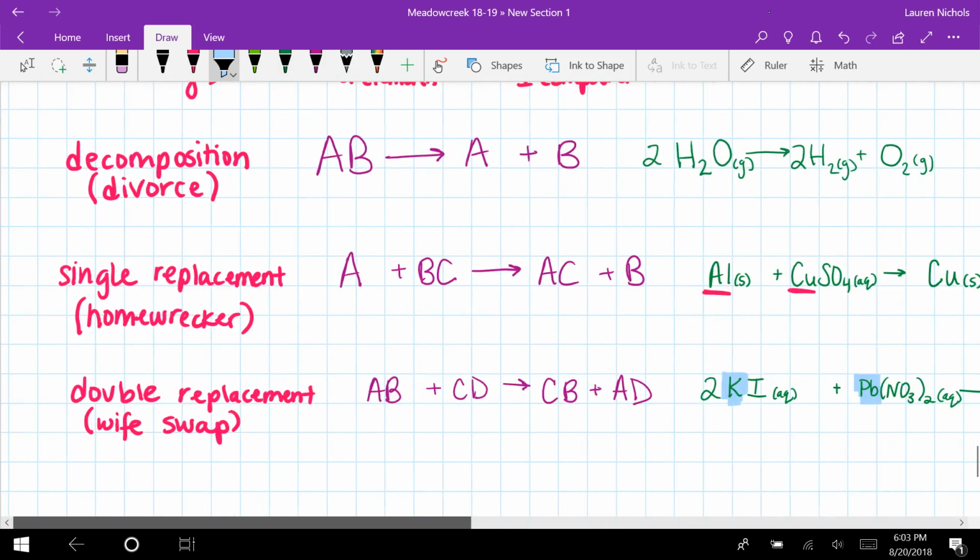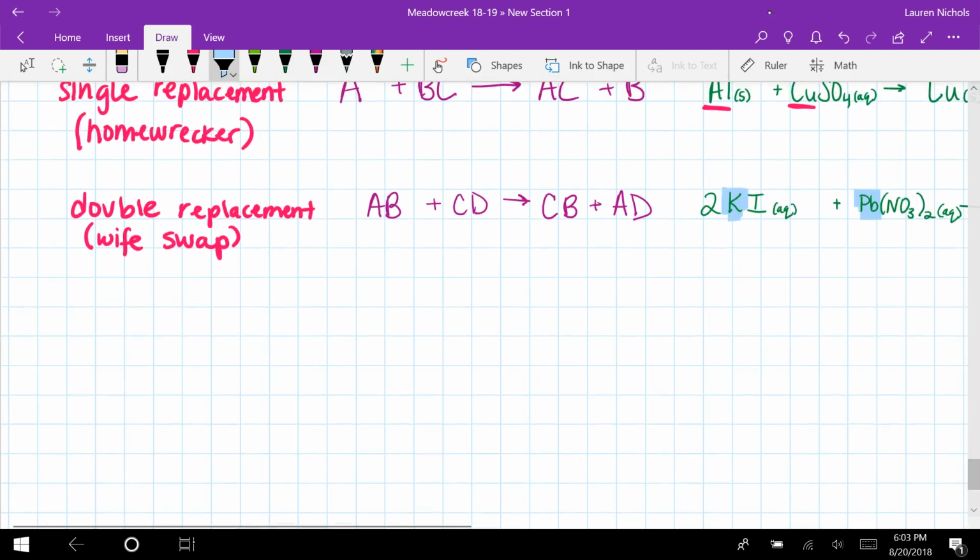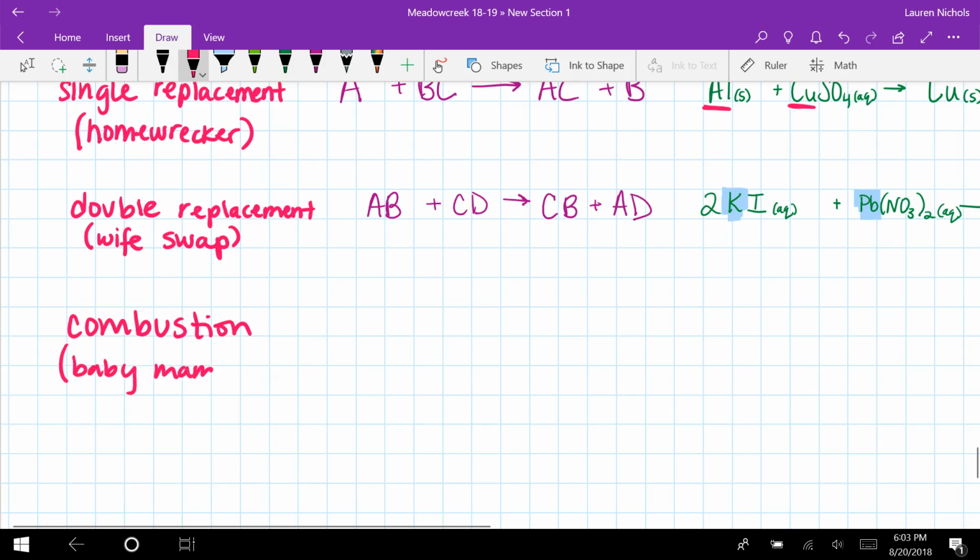Now, the last reaction is, in my opinion, one of the easiest to spot, but it often trips us up. This is combustion. Now, the nickname for combustion is baby mama drama. Now, before you get any crazy ideas, the reason why we call it baby mama drama is a student made this up for me last year, and this nickname is always designed to blow up in your face.